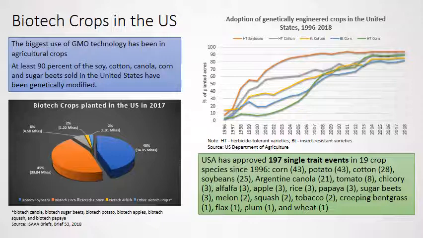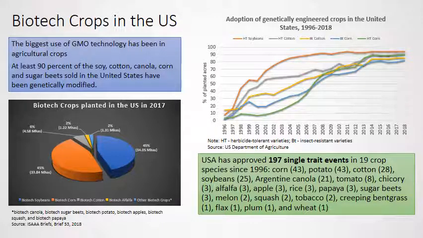Now let's look at biotech crop production in the US. The biggest use of GMO technology has been in agricultural crops. At least 90% of soy, cotton, canola, corn, and sugar beets sold in the United States have been genetically modified. The figure on the left illustrates the biotech crops planted in the US in 2017.